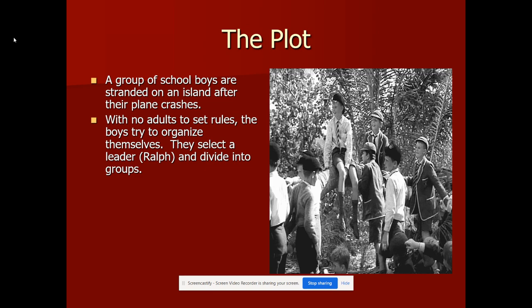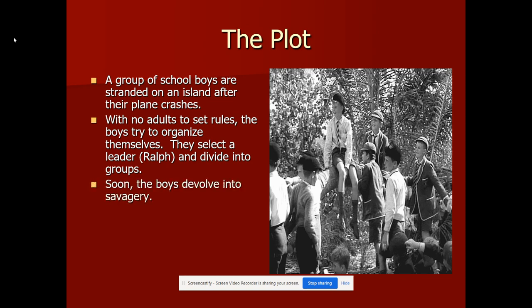And they are also totally unscathed from the crash. They have no physical problems from the crash. They haven't been injured in any way. They're totally fine, which again makes the opening chapter very unrealistic. It's not supposed to be realistic. You just have to accept that these boys have been dropped from the sky with no adults to set rules or police them in any way. They've just been set on this island alone.